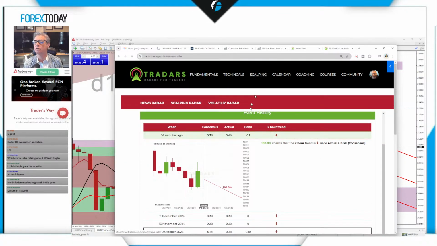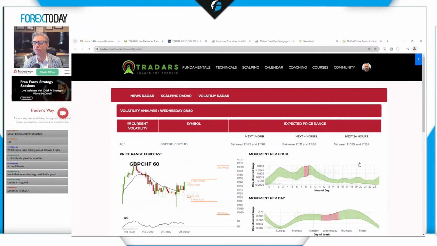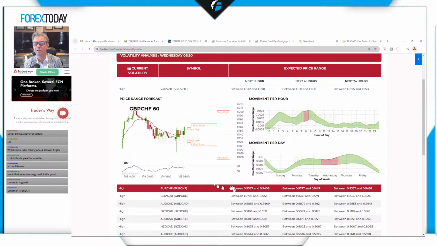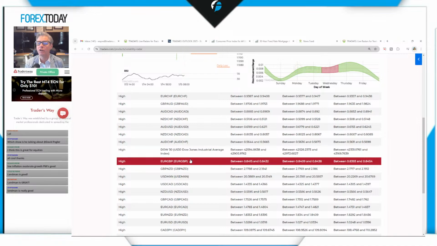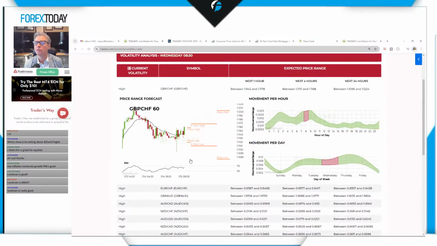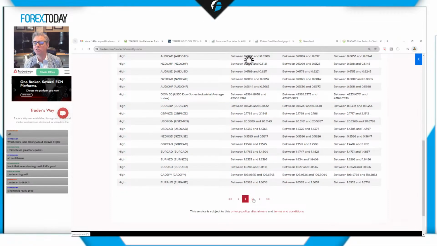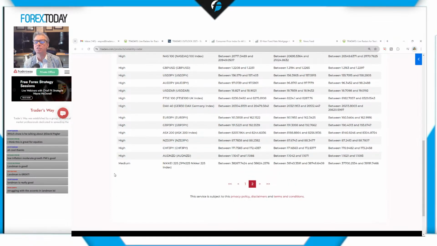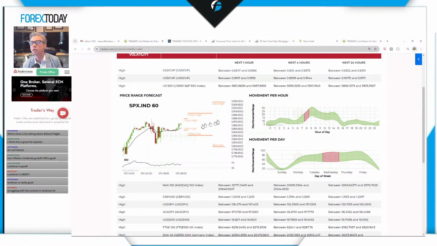You can go to your IV, your implied volatility analysis, and ask your quant: tell me, if I was going to sell this today, at what price would I sell it? How about 58.96? It's not using technical analysis at all.